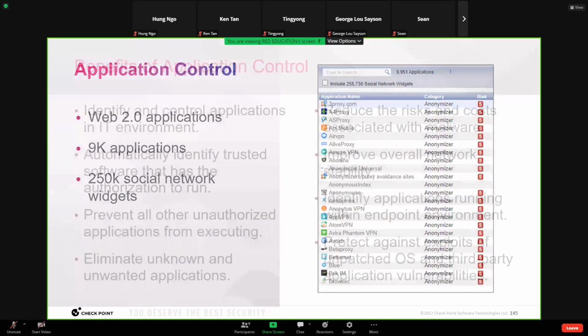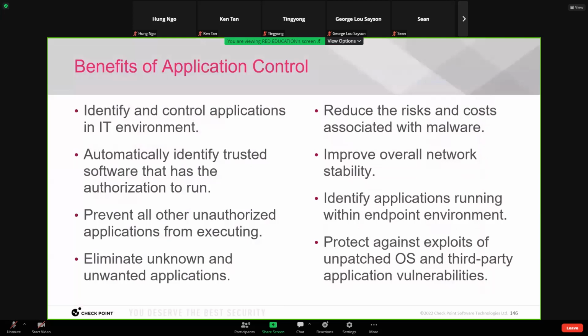Okay. And these are the benefits. I think it's self-explanatory, right? You want application control, you want URL filtering to some extent, right? Because you want to have visibility. Networks nowadays are not only IPs and ports, right? You can tunnel traffic using port 80, right?